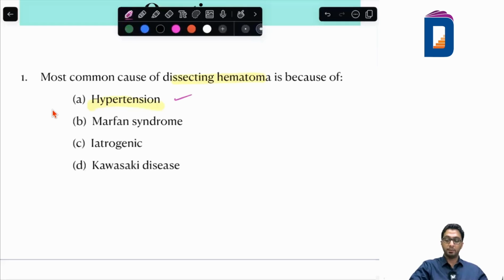Don't forget, Marfan syndrome is also a cause of it. As I've told you, Ehlers-Danlos syndrome, where there is aortic aneurysm. Then trauma, and Turner syndrome. All these are associated with aortic dissection.